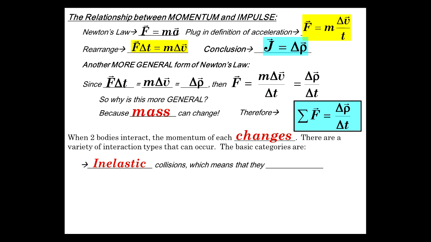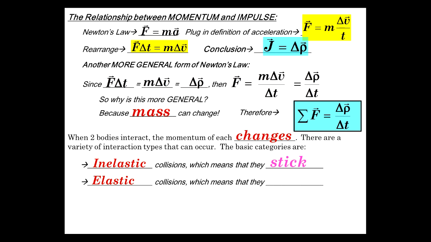The interaction types come in just a few categories. I'll just briefly list them. So we have inelastic. When an inelastic collision occurs, it simply means that they stick together. They go bonk. Say an object that has a piece of clay on it hits another one, or a bullet gets embedded into a block and sticks inside the block.